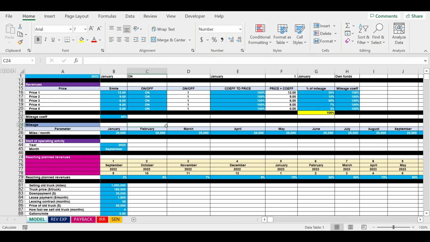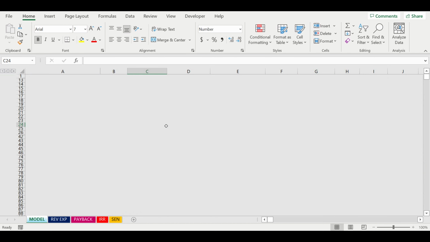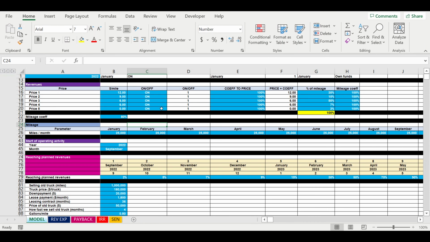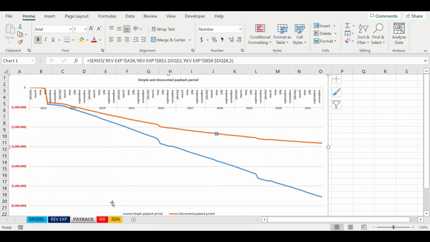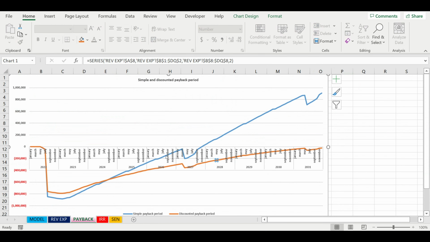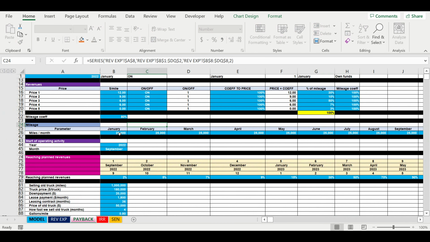So we can quickly create numerous scenarios, playing with coefficients to see what will be the payback period if this or that happens to the business. So this will be the scenario if we decrease the amount of miles that we make per month.